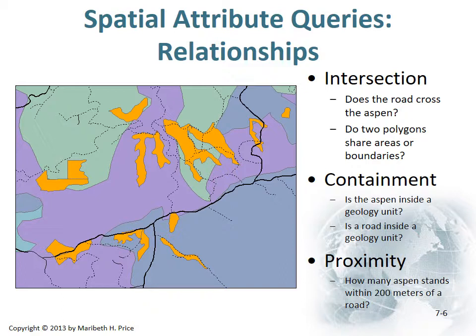Things like that. So now we switch over into thinking about how space itself can frame questions and how we can get at that information within the ArcGIS program to query our data sets and then get spatial responses to spatial questions.